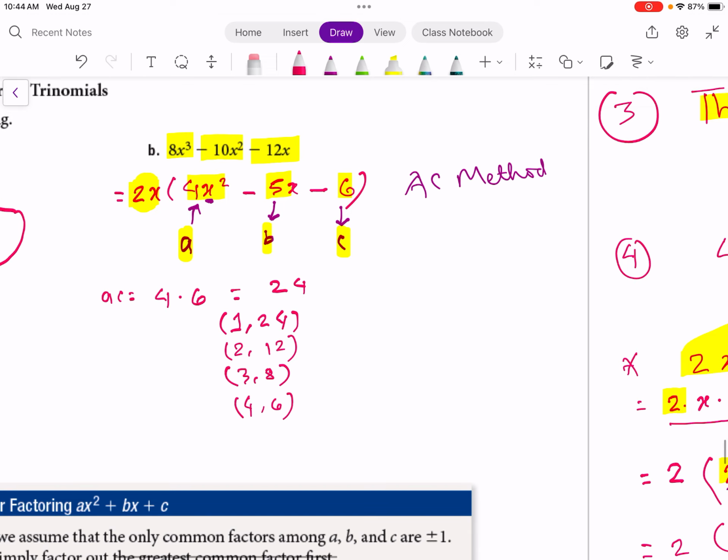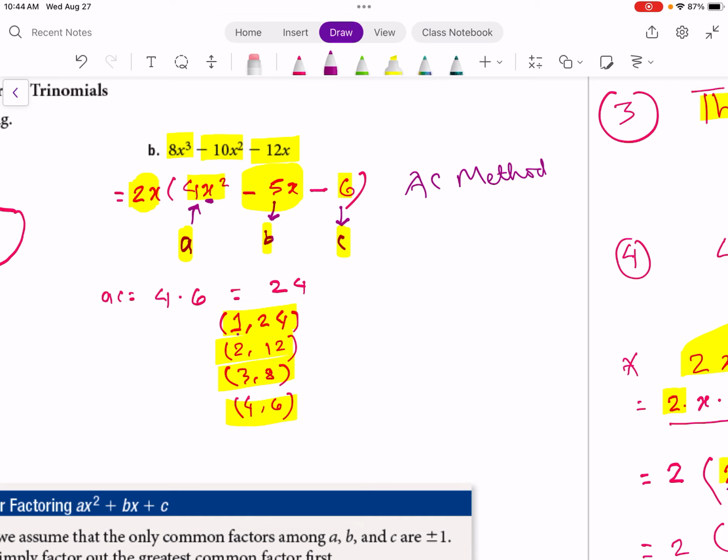Once you have this, we will pick one pair of factors. Out of these 4 pairs of factors, we pick one pair and use it to rewrite our middle term, negative 5x. Which number do we pick: 1 and 24, or 2 and 12, 3 and 8, 4 and 6, to rewrite negative 5x? And when you rewrite, you are allowed to add or subtract these numbers.